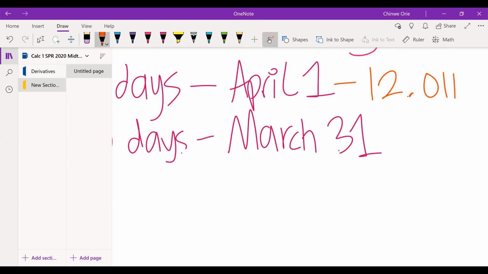Plus 12, so you get about the same value, practically, in the length of a day in hours.